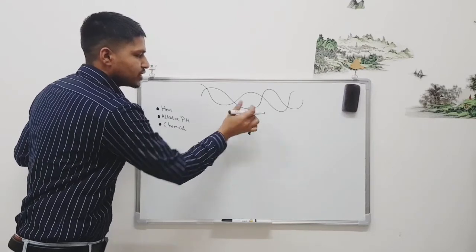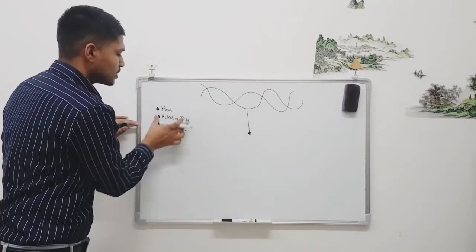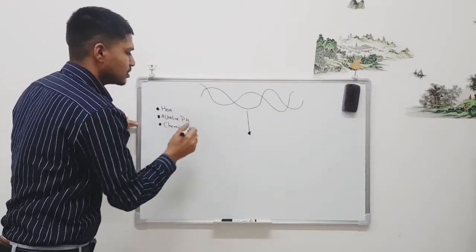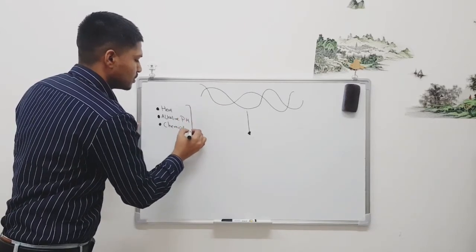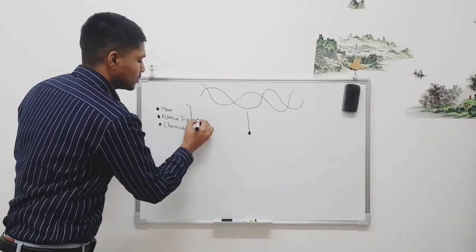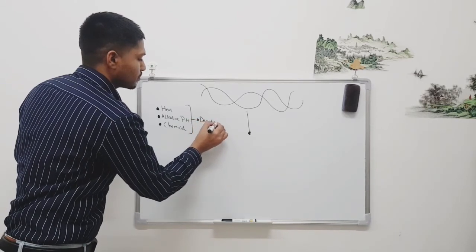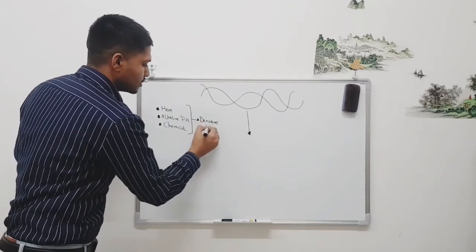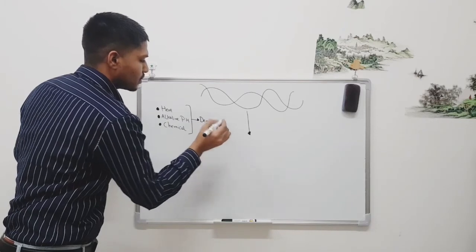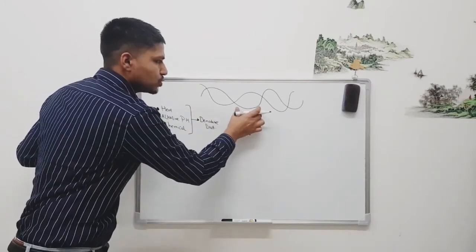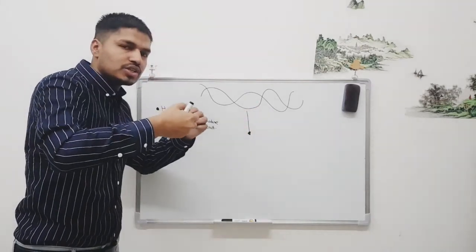If this is a double-stranded DNA molecule, these are the things which can denature the DNA.